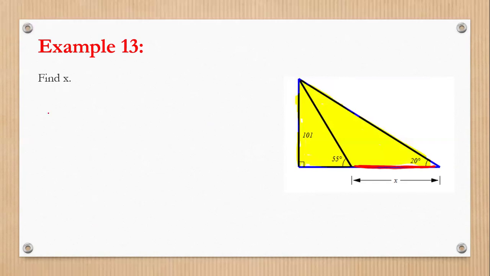I have 101 on this side, and I have a 20 degree angle.